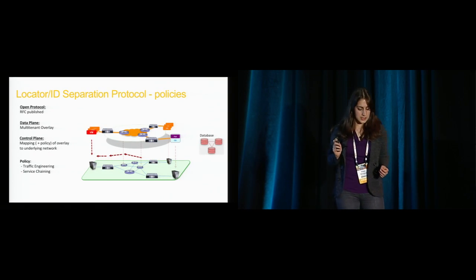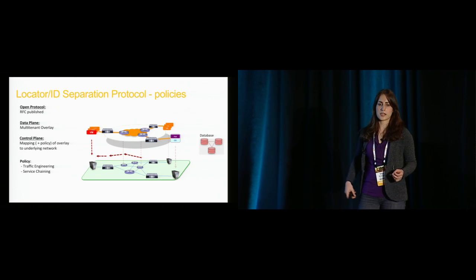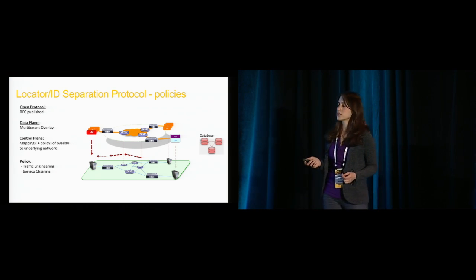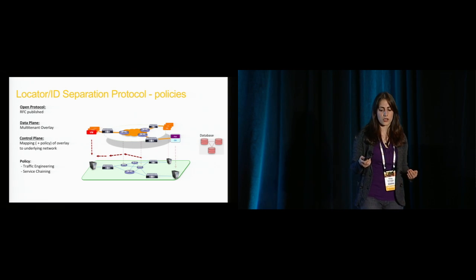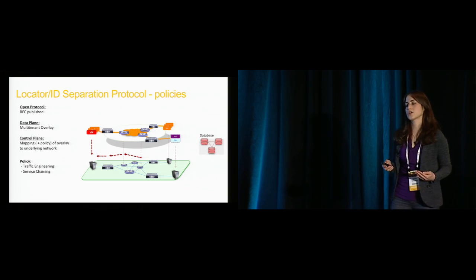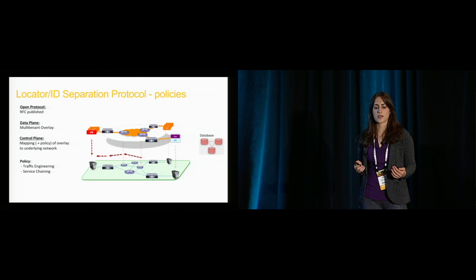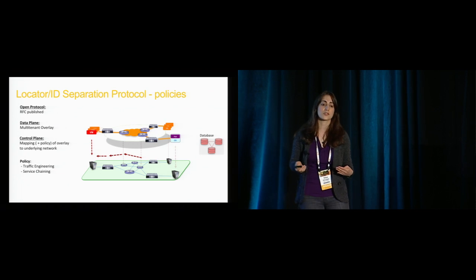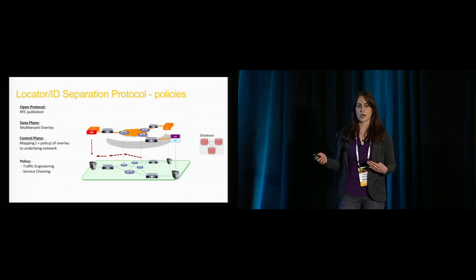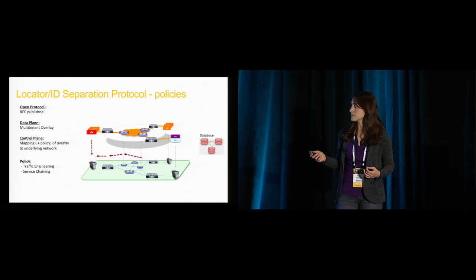Another example is traffic engineering and service chaining. That's another kind of policy that you can insert, saying that in order to reach that endpoint, I don't want to give you the direct location, but I'm going to give you a path. A path is a sequence of hops that you need to go through to reach that endpoint.